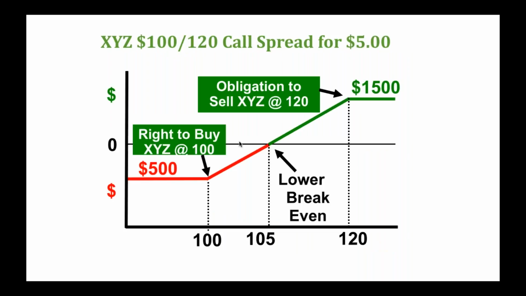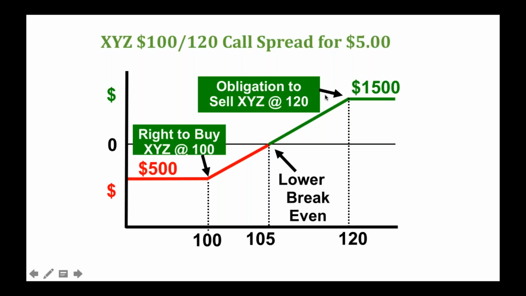The risk graph on an option spread is going to look like this. You're going to have limited risk. That's what you see on the left-hand side. You'll have a break even, which is basically the price of that spread added to the lower strike, and that's going to give you your break even.